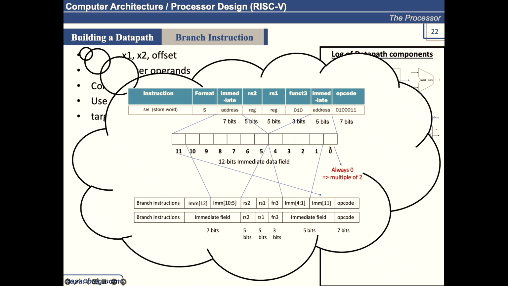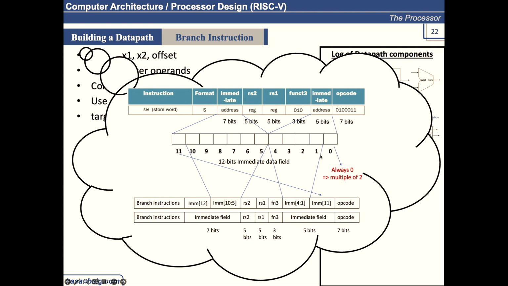You remember we did not encode the rightmost bit, 0th bit. Why? Because we assume that the instructions are always either 4 bytes wide or 2 bytes wide. So that's why this value will always be 0. Again, forget about this. This is the format for 12 bits data.